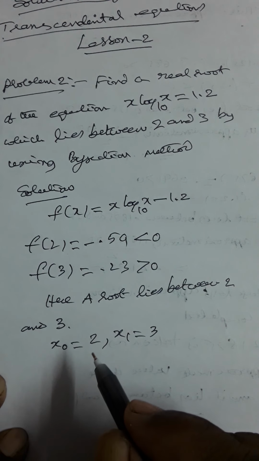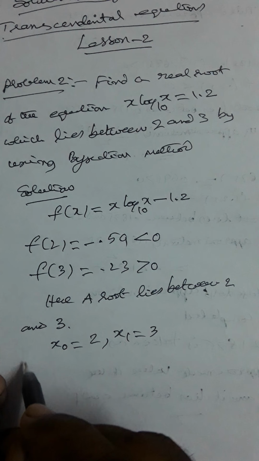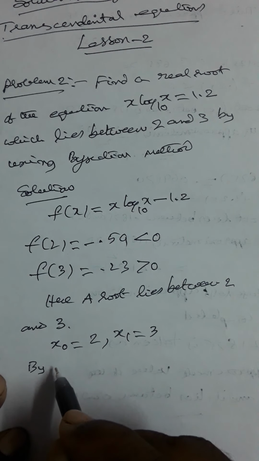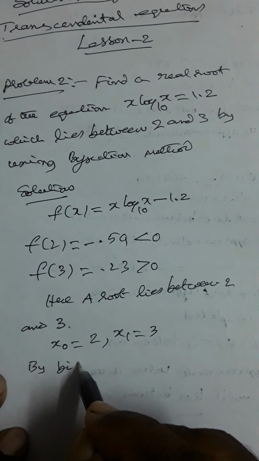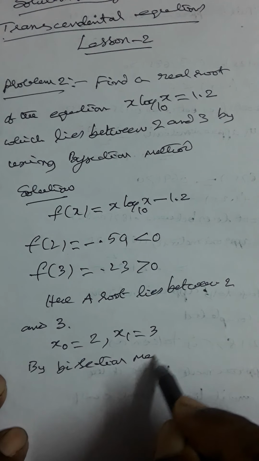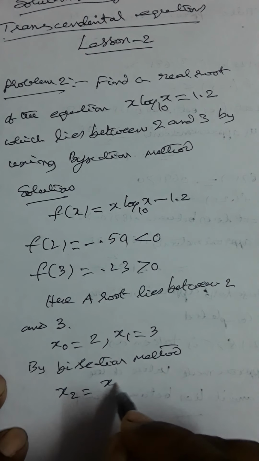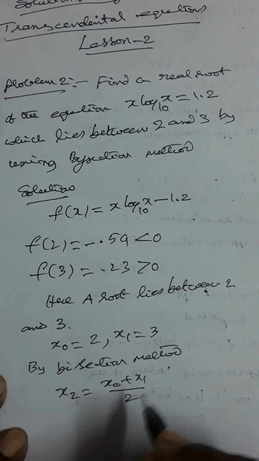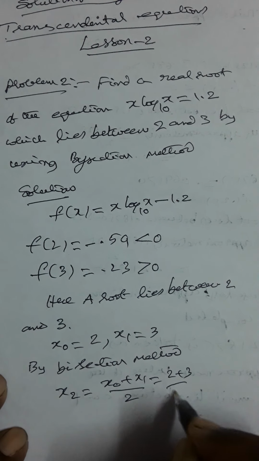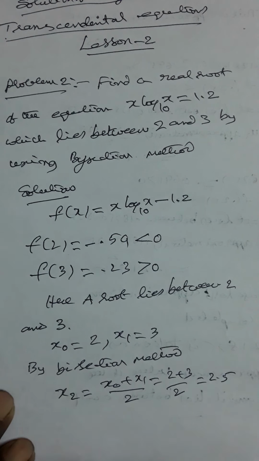By the bisection method, x2 is equal to x0 plus x1 by 2, 2 plus 3 by 2, 2.5.